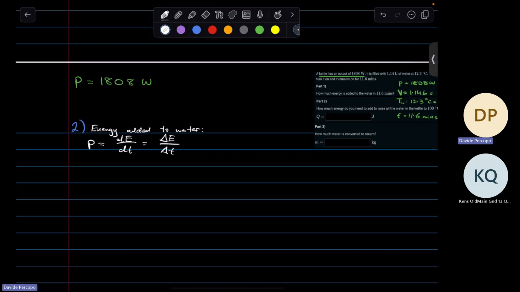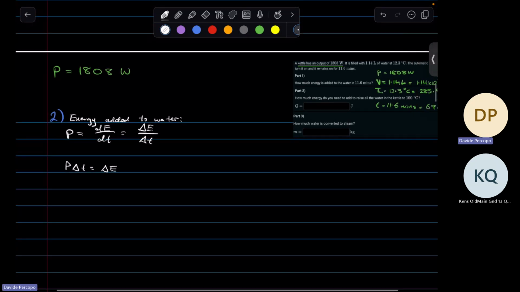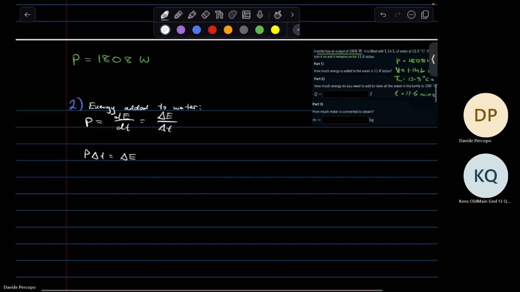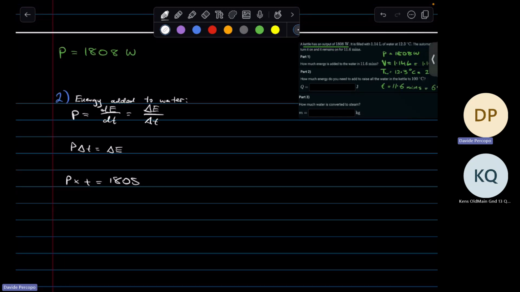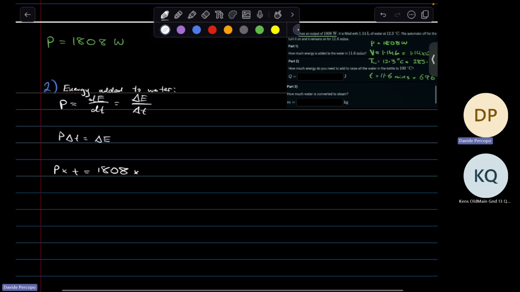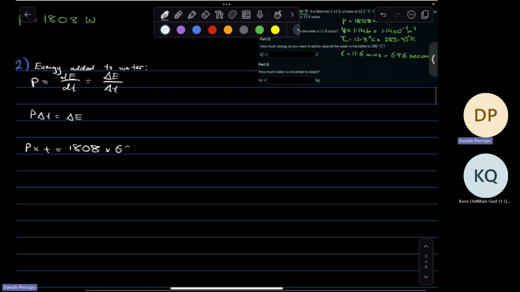In this case, I can just go P change in time is equal to change in energy. Now, all we need to do is multiply the power, 1,808 because it's in watts, an SI unit, and watts is joules per second, so we're sweet, times the seconds. So we actually need the seconds one.